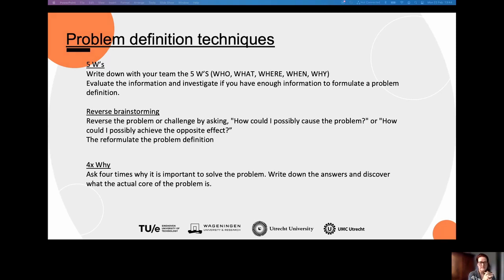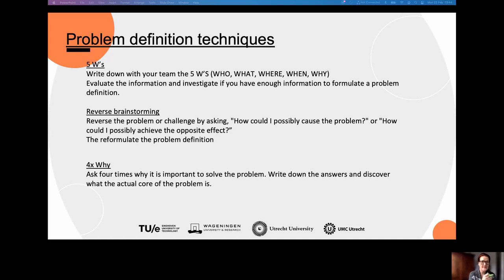And just write down, it's also a very out-of-the-box technique, write down every thought you have. It's really important that you write down all the ideas that come up. And it is also a way to reconsider your problem definition or reformulate it. So it's a really interesting technique to use. I would really recommend using this one too.